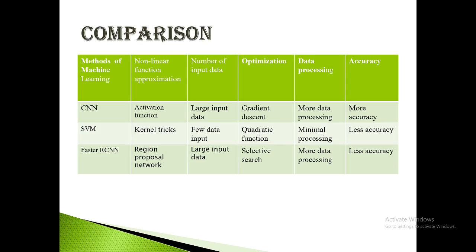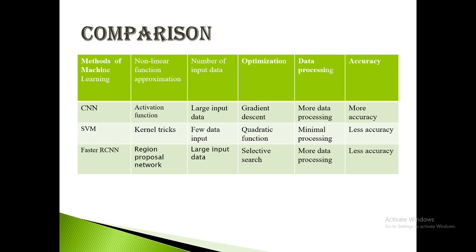Here is the comparison of three methods which are convolutional neural network, support vector machine and also the faster RCNN. Both support vector machine and faster RCNN have a low accuracy in recognition, while convolutional neural network has the highest accuracy in recognition.